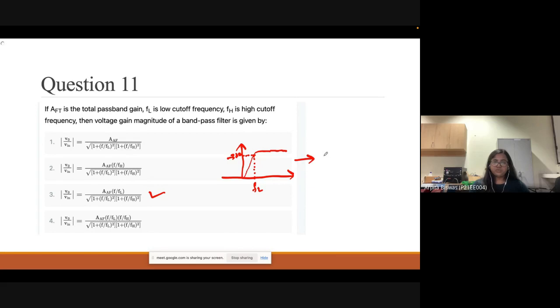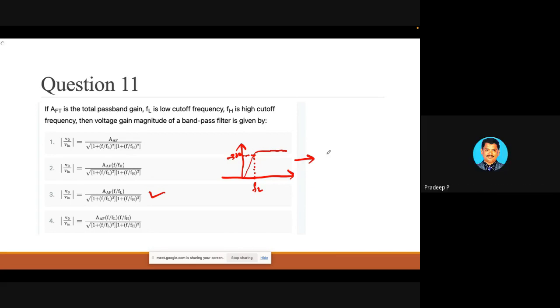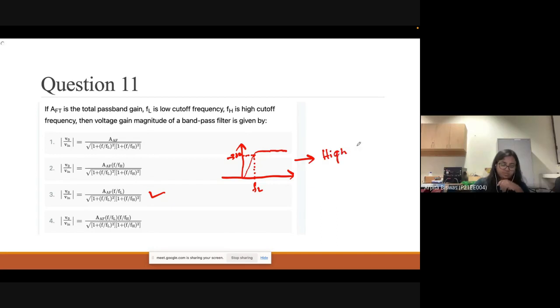Is it high pass or low pass? This is high pass followed by low pass.